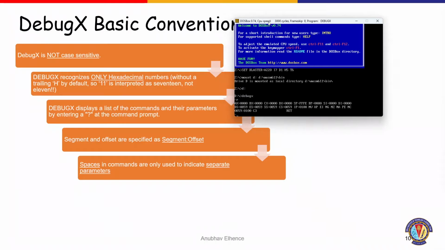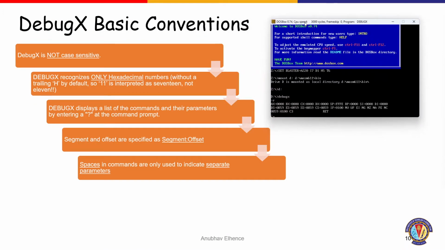Now, before starting to code, let's see a few Debugx basic conventions. Debugx is not case sensitive, so anytime I type capital MOV and you type small mov, it does not matter. In fact, not just in instructions, even in the names of registers and anything, it's not case sensitive. Debugx recognizes only hexadecimal numbers without a trailing H by default, so 11 is interpreted as 17 and not 11.